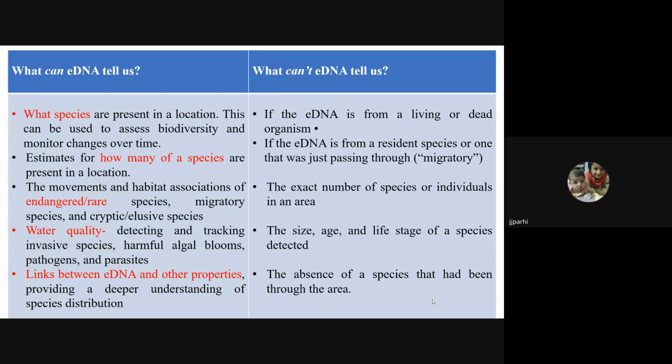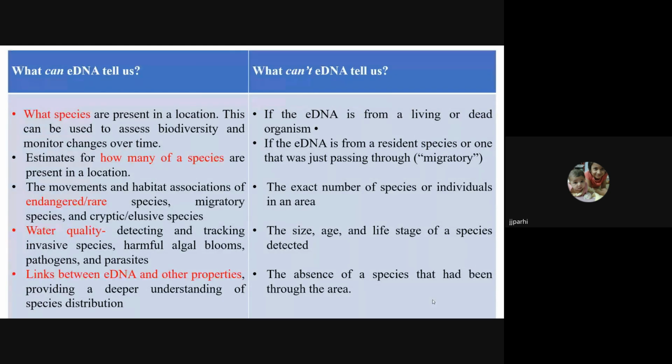Then again, one more is the size, age and life stage of the species. From the sample we cannot tell the size of the fish, or the age of the fish, or whether it is at the larval stage.